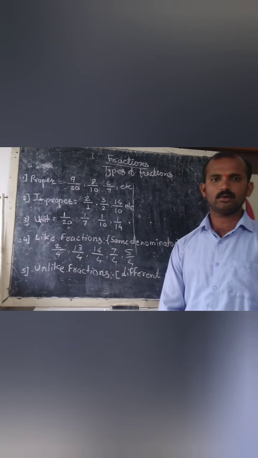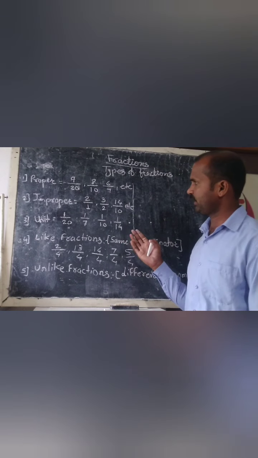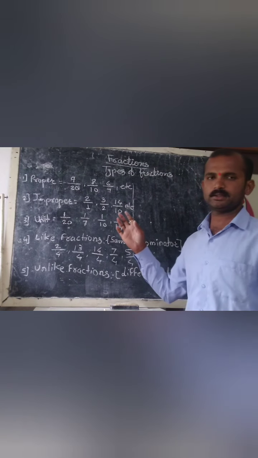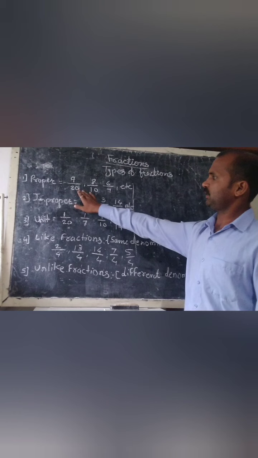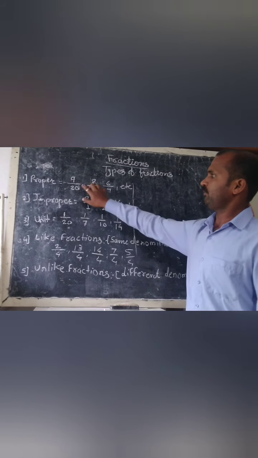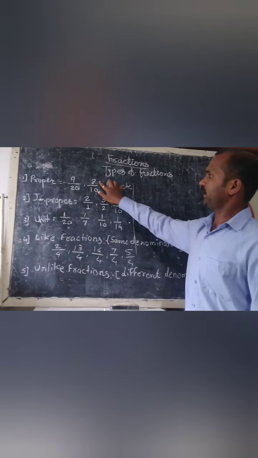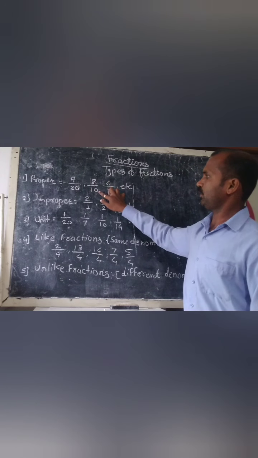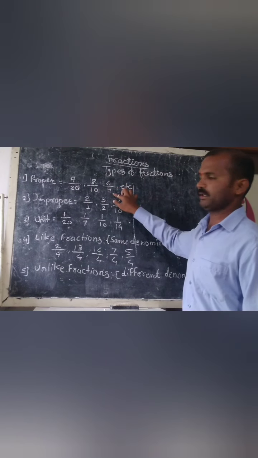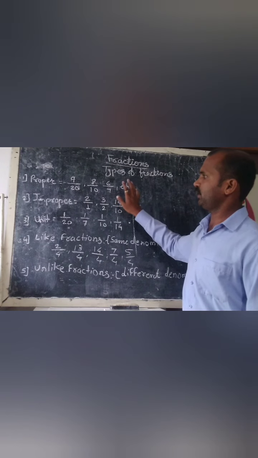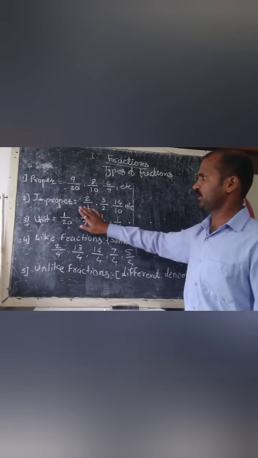I hope all of you have written those examples. Let's check. Proper fractions: 9 upon 20, numerator is smaller than denominator. 8 upon 10, numerator is smaller than denominator. 6 upon 7, numerator smaller than denominator. So these are proper fractions.